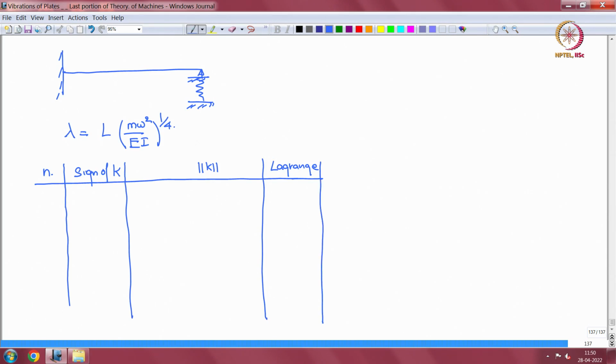Okay, so let us say we increment thrice: 10 to the power 5, 10 to the power 6 and 10 to the power 7 spring units. Then the number of terms taken is 2.